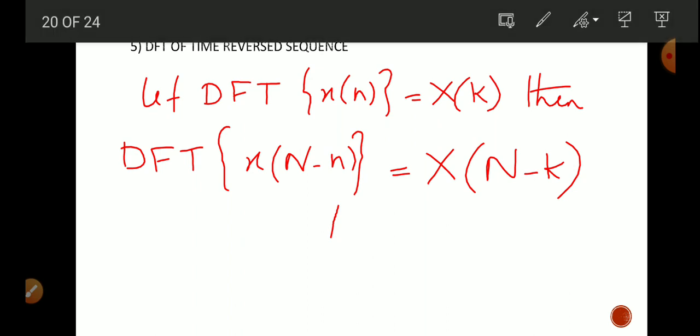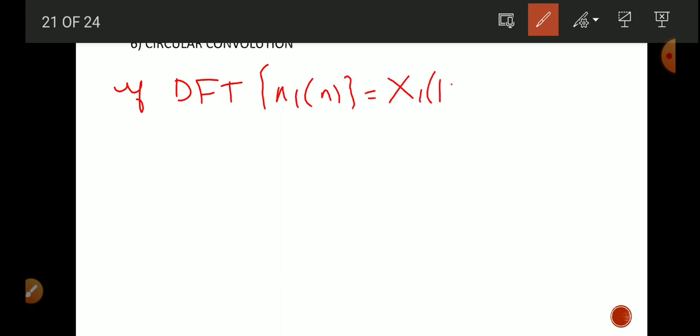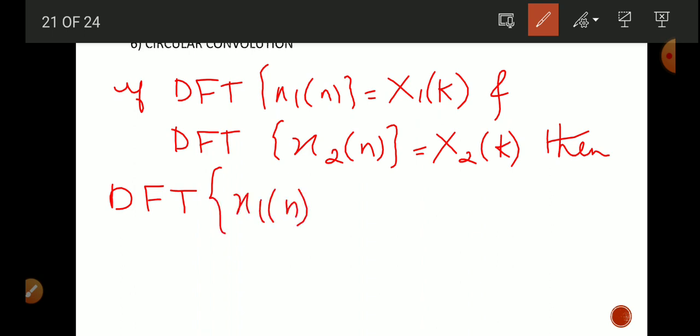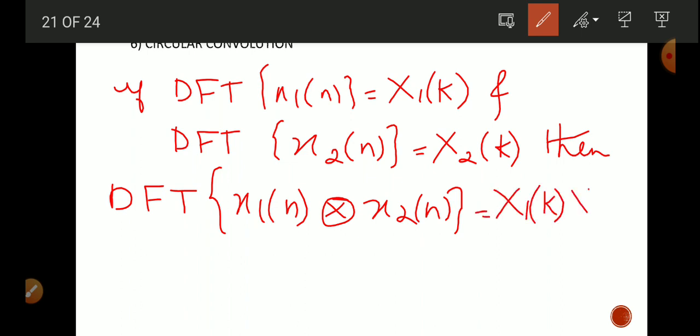And next one is circular convolution. If DFT of x1 of n equal to X1 of k and DFT of x2 of n equal to X2 of k, then DFT of x1 of n circular convolution x2 of n equal to X1 of k into X2 of k.